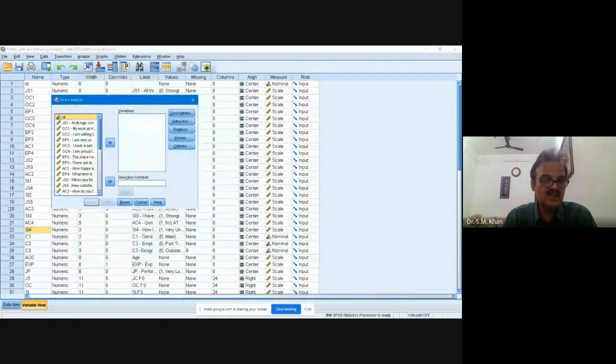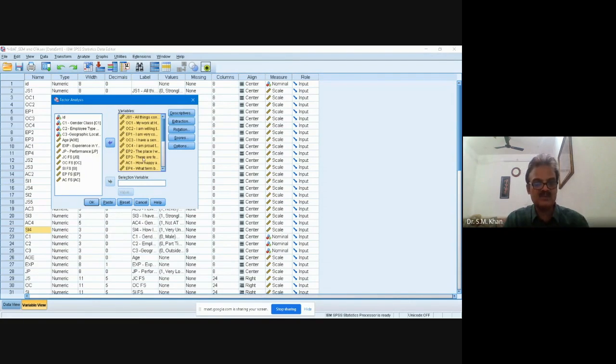Click it. You will select all the possible variables that you are having. Use shift key and enter like this. Okay, and we will remove JS5 from this analysis.